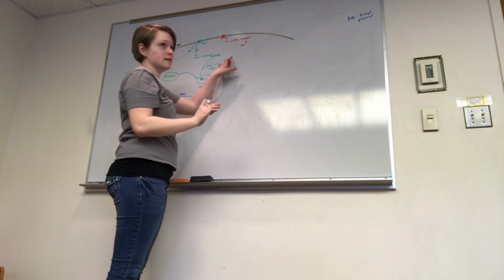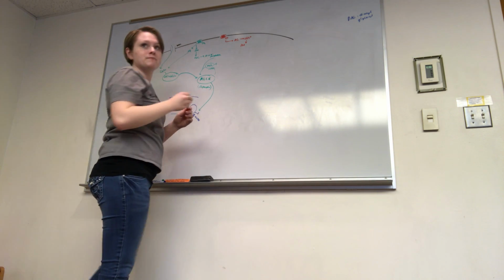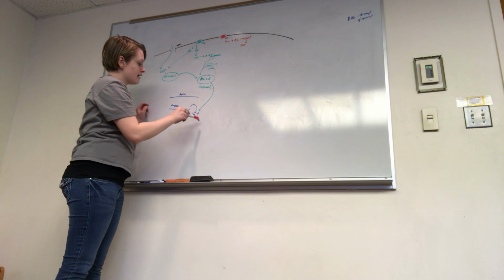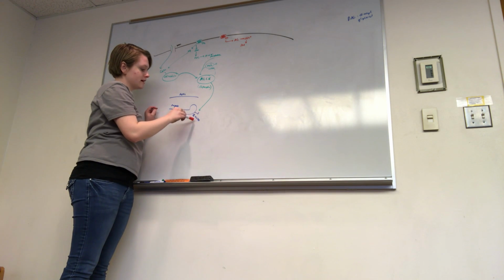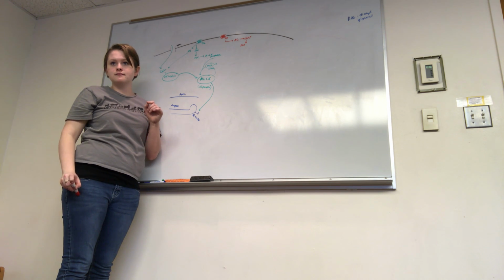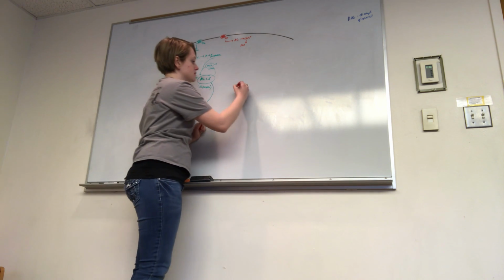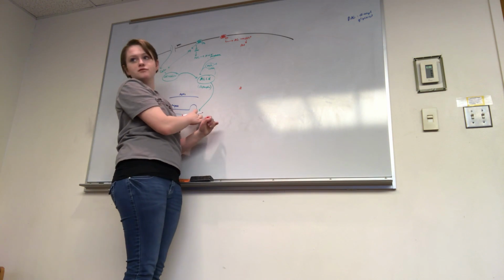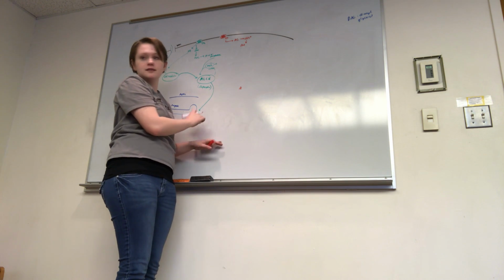Okay, we're going to leave that there for a minute. If we have active phosphorylated myosin, how do we deactivate myosin? Myosin light chain phosphatase. Perfect, because we are removing the phosphate group from the MLC20 region of myosin. Is that clear?